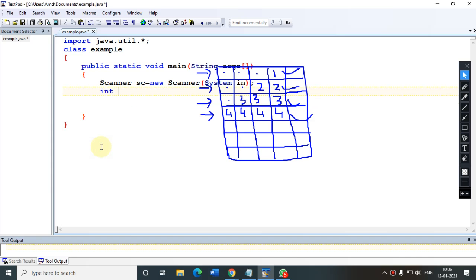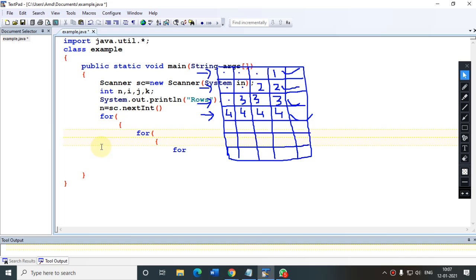The common variables I am using here are n, i, j, k. First of all, we will ask the user. Everybody please look here, those who are not trying. First of all, we are asking for the rows and then we are storing it in this. After that, we put the loops. First of all, we will put the third loop.